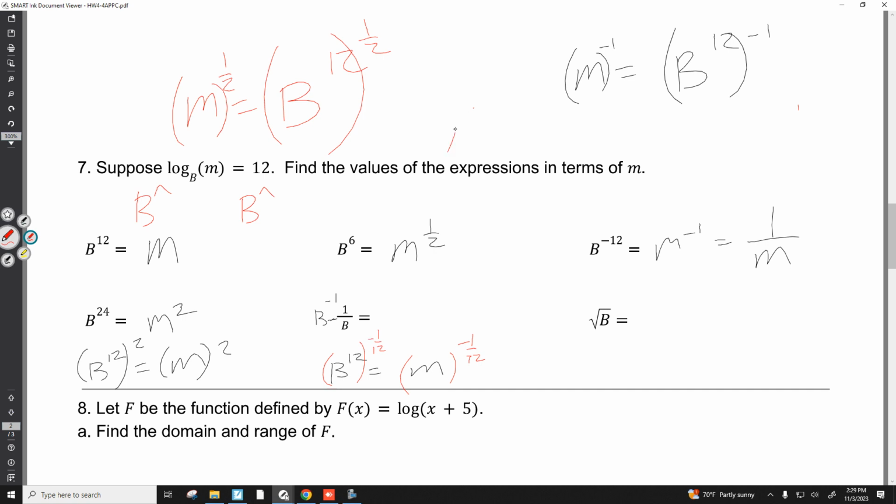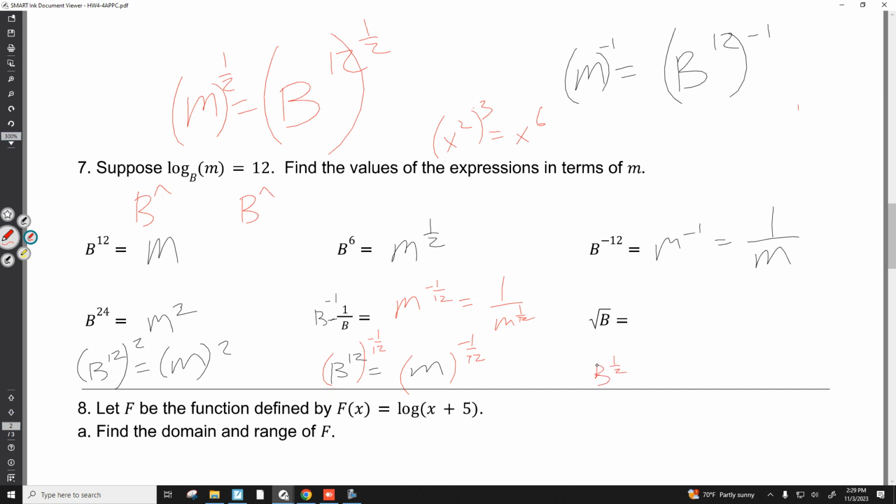X squared cubed is x to the 6th, not x to the 8th, right? We multiplied the powers together. So this is m to the negative 1/12. This is 1 over m to the 1/12. This is 1 over the 12th root of m. This is b to the 1/2.